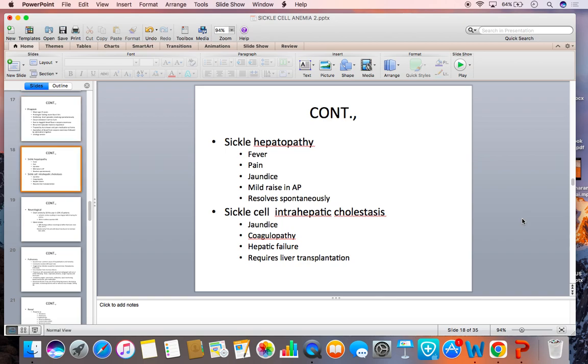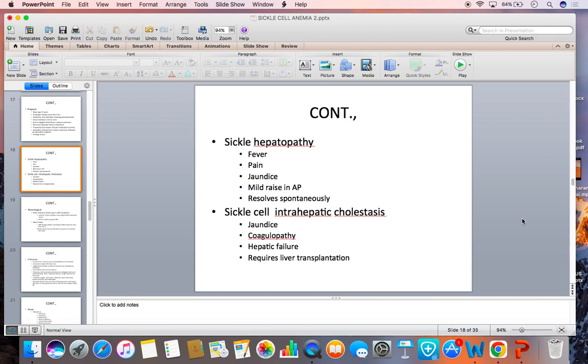Sickle hepatopathy. It presents as fever, pain in the right hypochondrium, jaundice, mild rise in alkaline phosphatase, but resolves spontaneously.